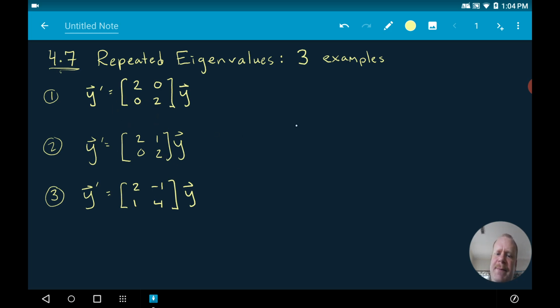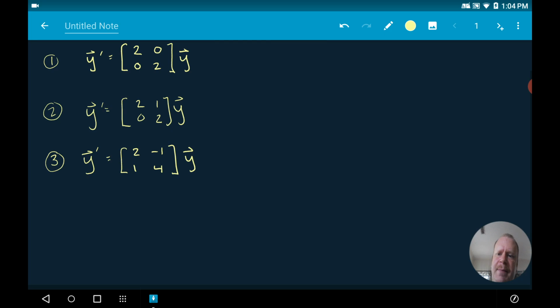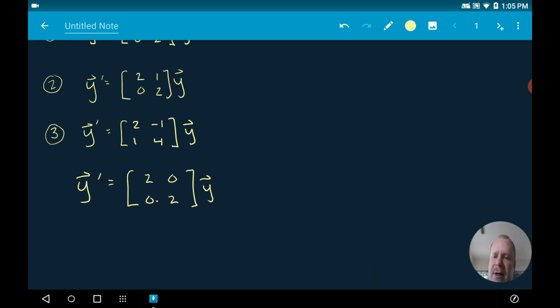This first one here, I decided to show it to you in this form where I already have it in matrix and vector form, because I want you to think about converting this back into system form.